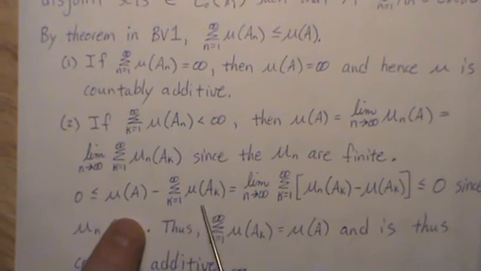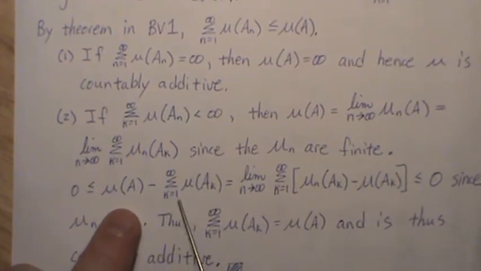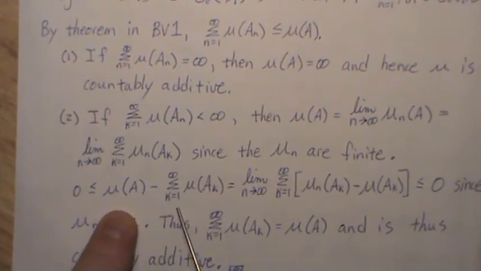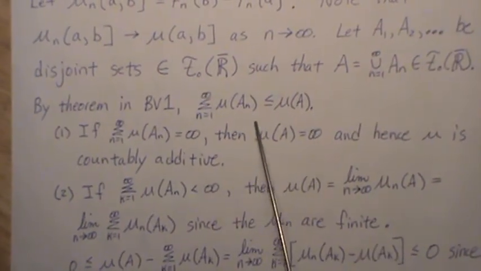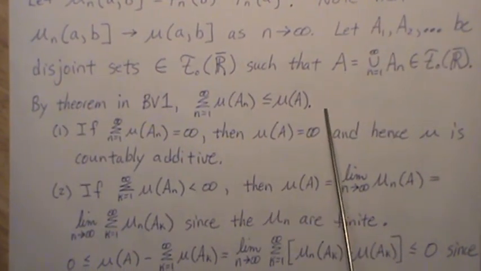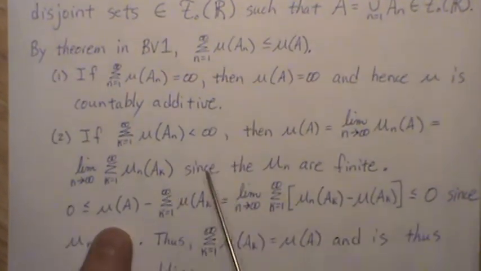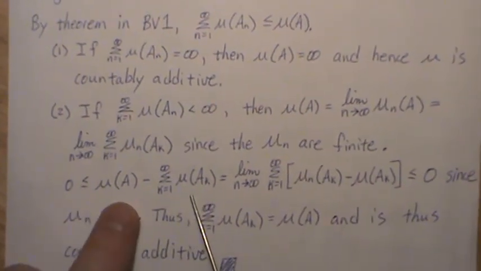Now, here, this difference is greater than or equal to 0, and you can see that because this property holds. So if we subtract this to the other side, it's greater than or equal to 0. And that's what this represents.